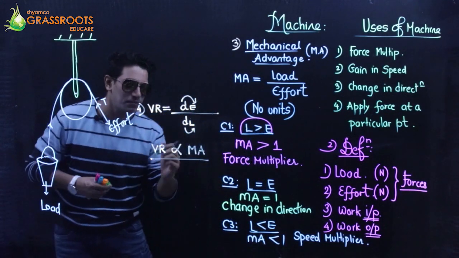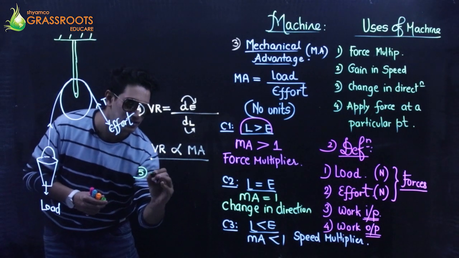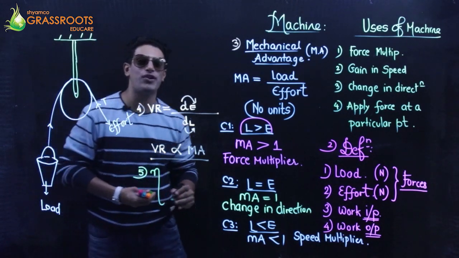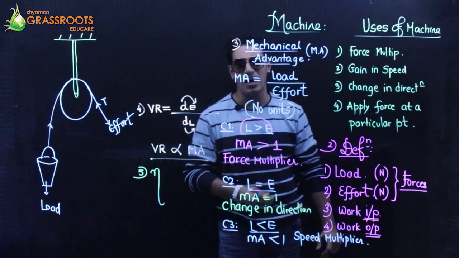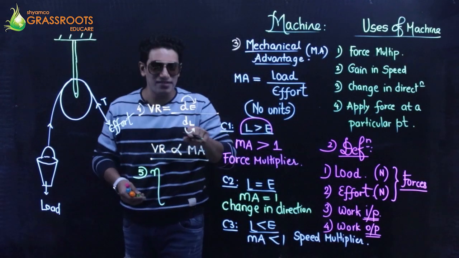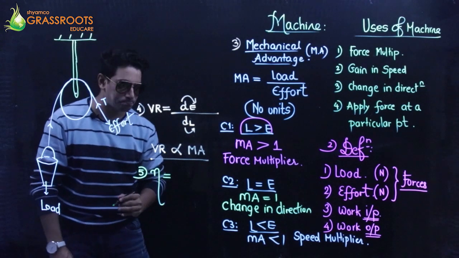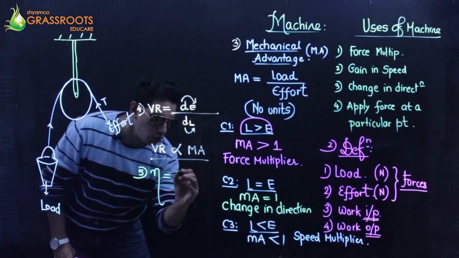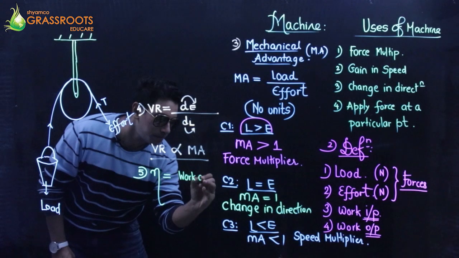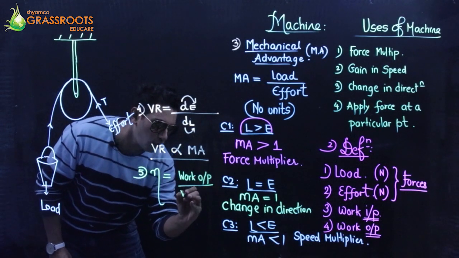The next concept is about the efficiency. That's how we represent efficiency, eta. Efficiency is equal to the work output upon work input.